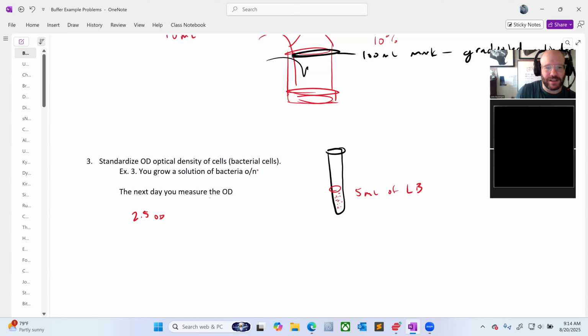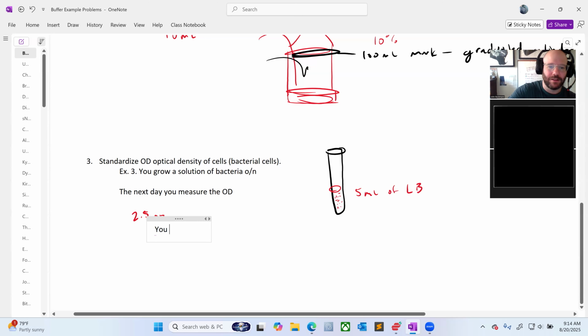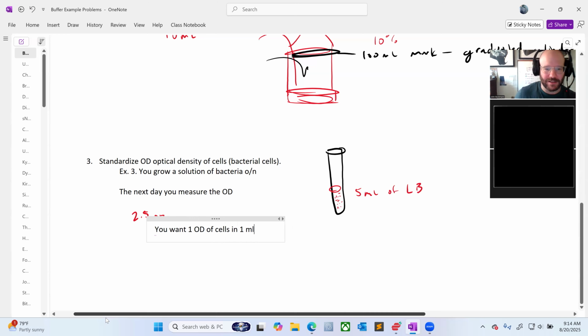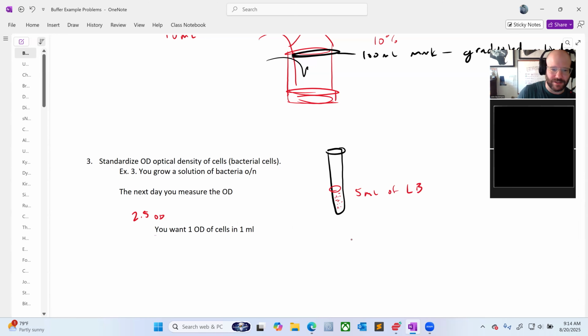So the optical density at 600 nanometers is 2.5, and you want one standardized OD of cells in 1 mil of the culture. That is the next scenario where you would use C1V1 equals C2V2.